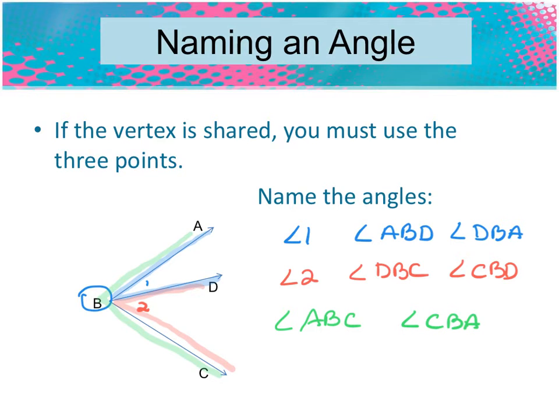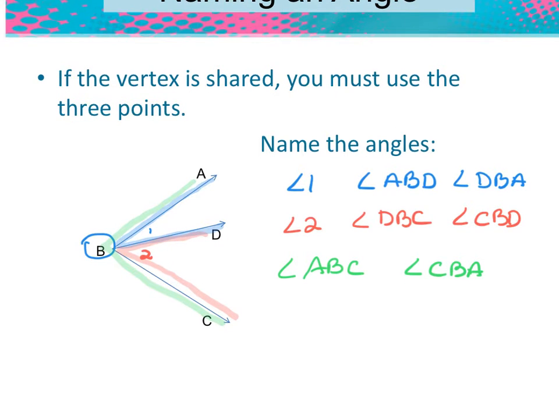In this particular picture, you cannot just call any of the angles angle B, because we actually have 3 different angle B's here. But notice in all of my names, the letter B was the middle letter.